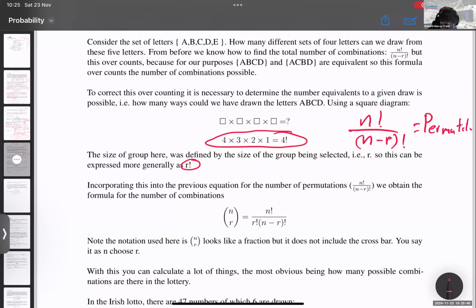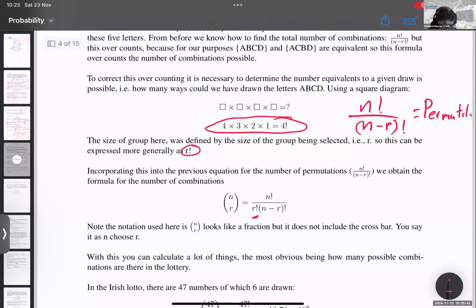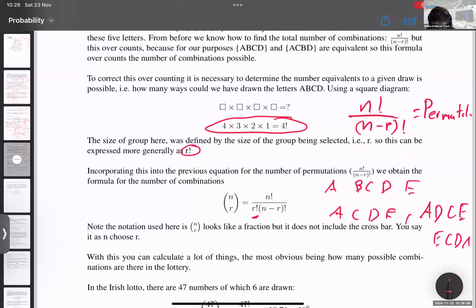But we can further divide this by r factorial, which accounts for the number of ways we could have drawn them out. So this is saying if we're selecting 4 people from 5 options, A, C, D, E, and A, D, C, E, and E, C, D, A, all of these are functionally the same to us.